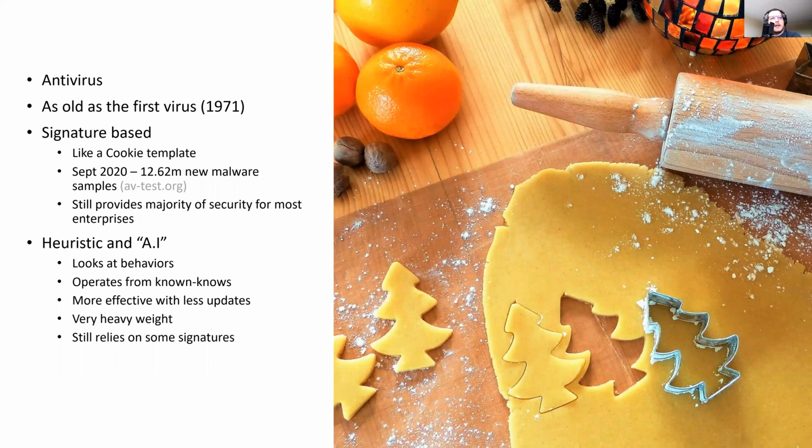So the answer to signature-based failures was heuristics, and coming up with a way to have basically a chain of signatures together is what a heuristic is. More smarter solutions like EDRs have a different approach, which we'll get to in a second. But a heuristic in the antivirus sense is just a chain of cookie cutter templates put together.